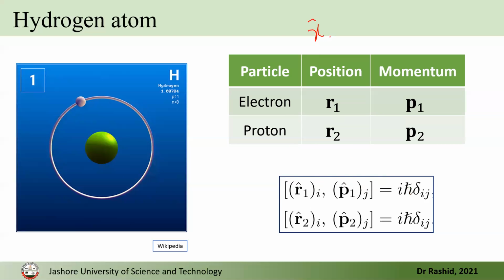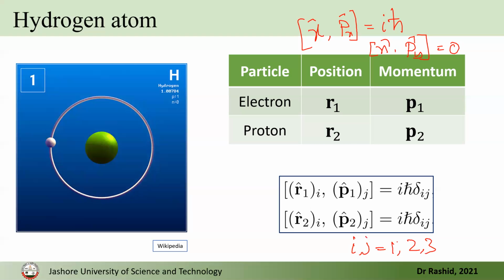X hat does not commute with Px hat, and this equals i h-bar. But X hat commutes with Py or Pz, and that is equal to 0. This is what is written here. Here i and j can each be 1, 2, 3.